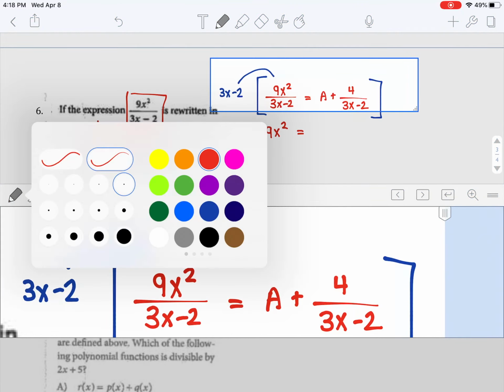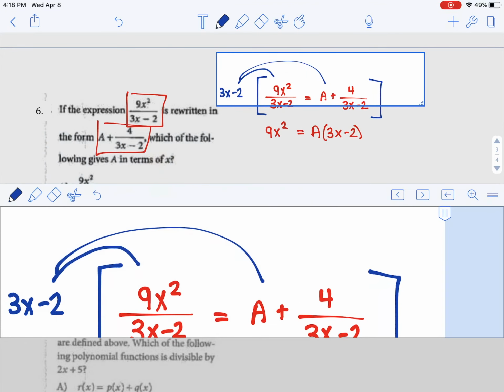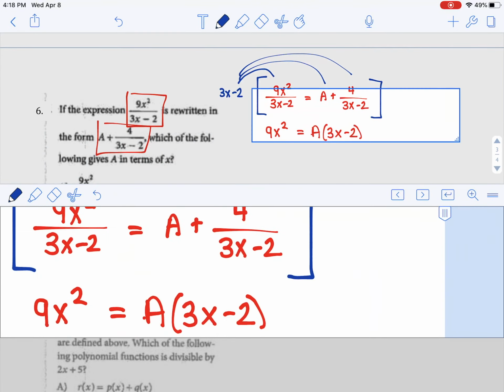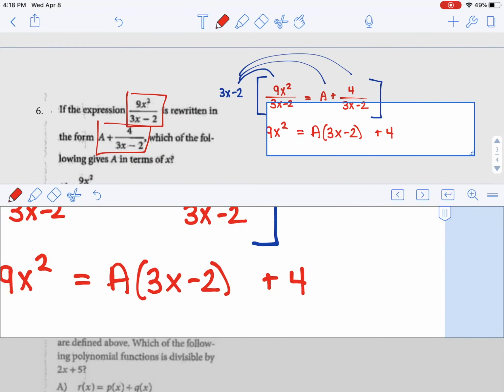If I distribute it to the second term here, I have a times 3x minus 2. And if I distribute it to this last one over here, the 3x minus 2's would cancel, so I just end up with 4.